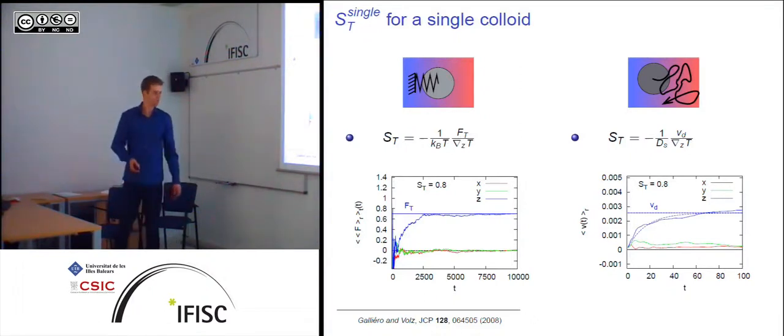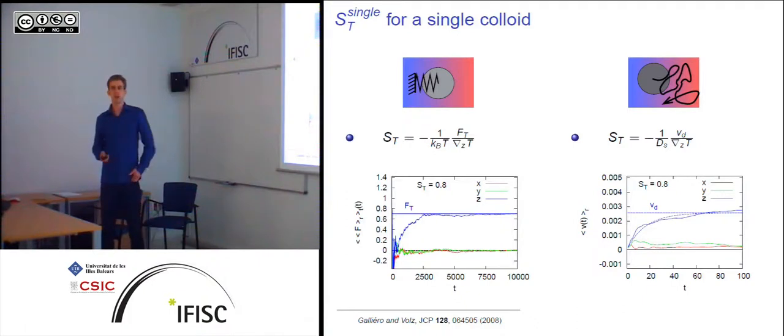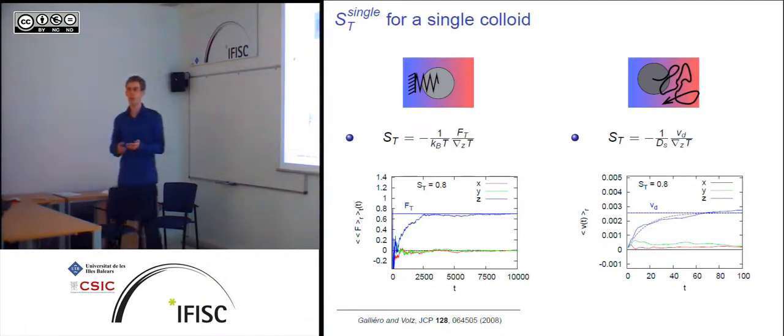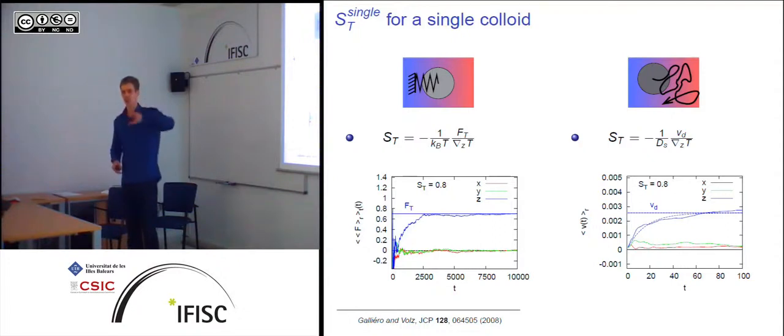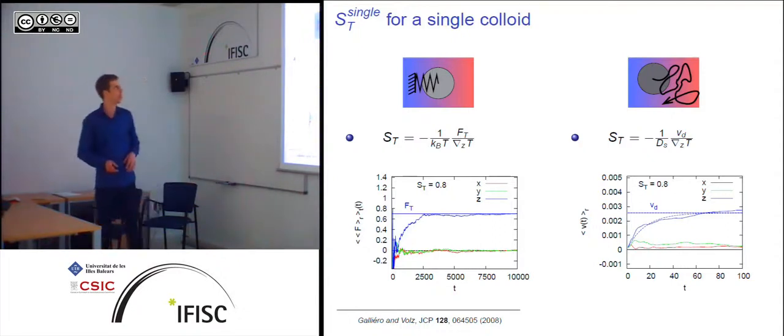Okay. Now, if we want to study the Soret coefficient for a single colloid, we cannot, as we did previously, observe the concentration gradient anymore, because it would use a lot of statistics if you want to follow just one particle for a very long time.